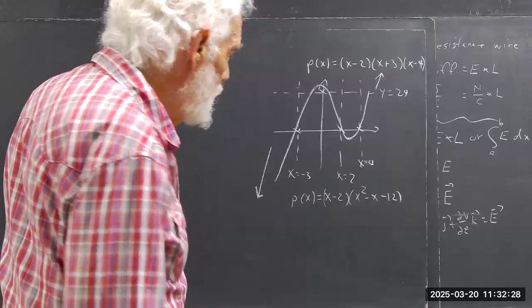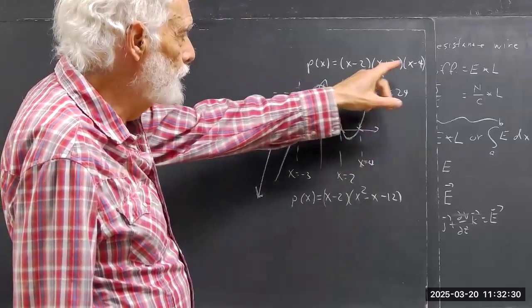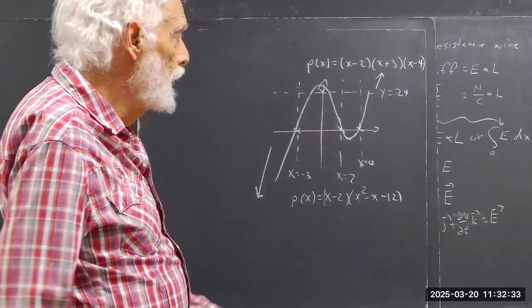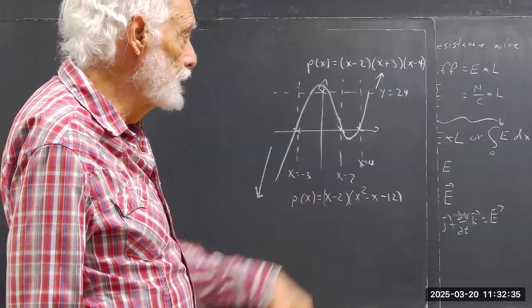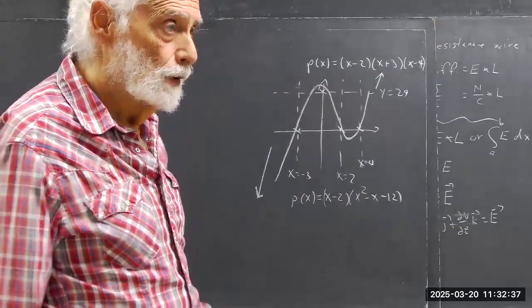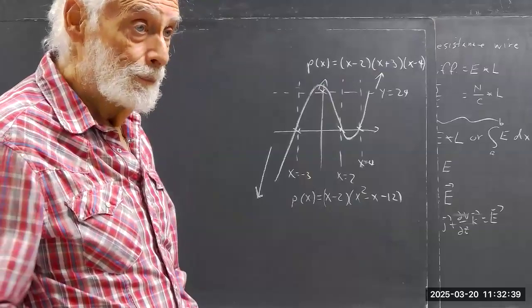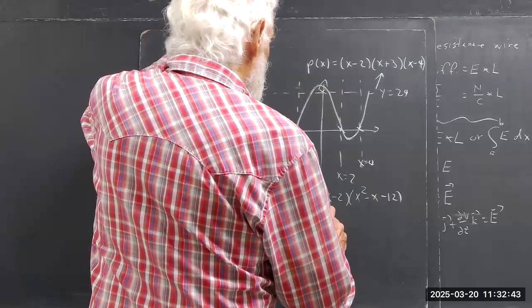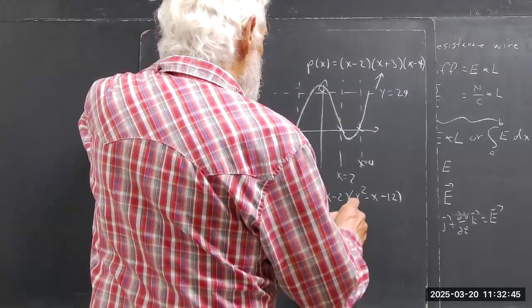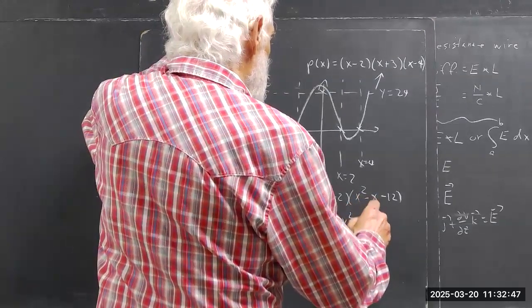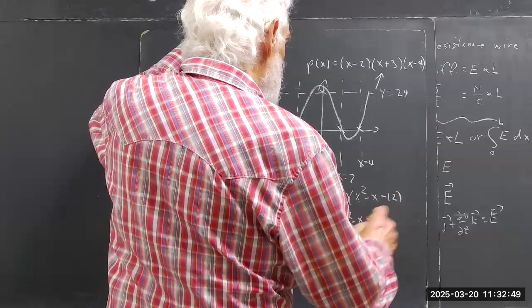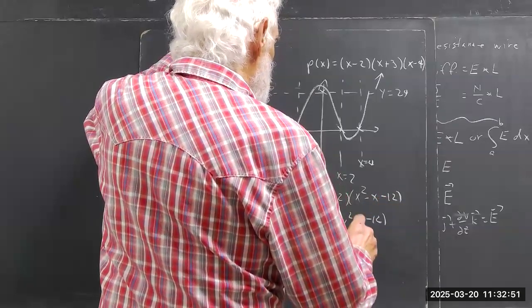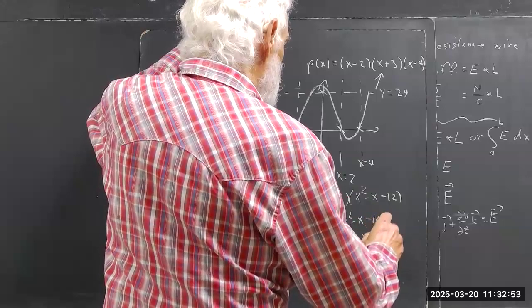Here's P of x. I can multiply x plus 3 by x minus 4. I'm going to get x squared minus x minus 12. Use the distributive law to do that. And I'll use the distributive law in the next step. That equals x times (x squared minus x minus 12) minus 2 times (x squared minus x minus 12).